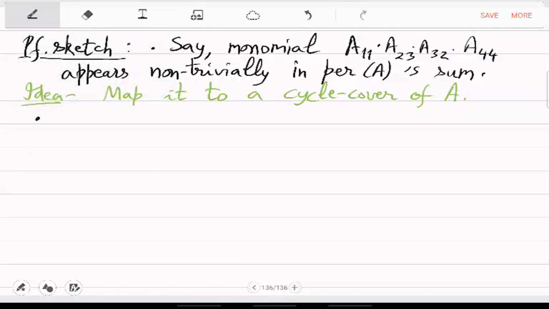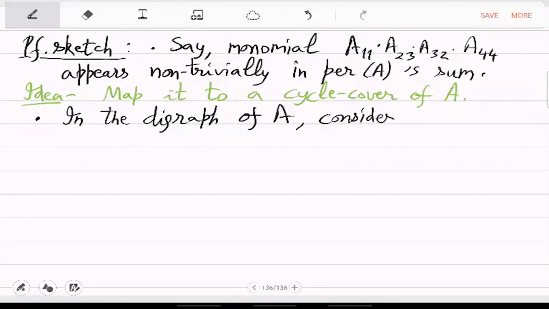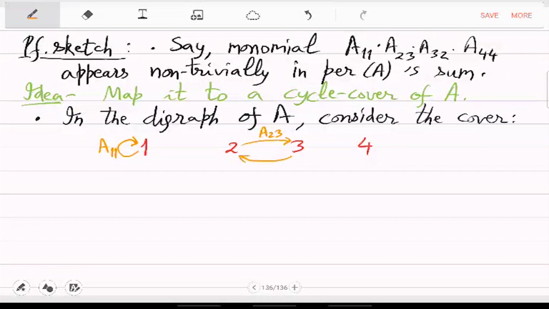So how is that done? In the digraph A, consider the cycle cover. 1, 2, 3 and 4 are the 4 vertices in the digraph, and the edges that you should look at are this loop with the weight A11, 2 to 3 with weight A23, 3 to 2 with weight A32, and then again a loop on 4.